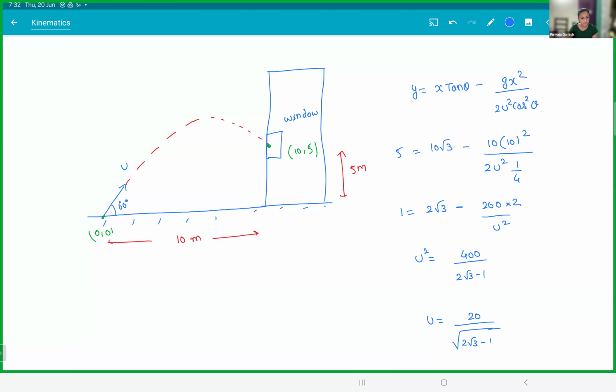Yeah, I think range you're getting right. Devansh, Daksh, I think that is right. Let's see.